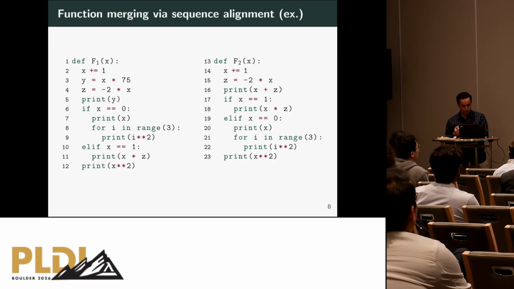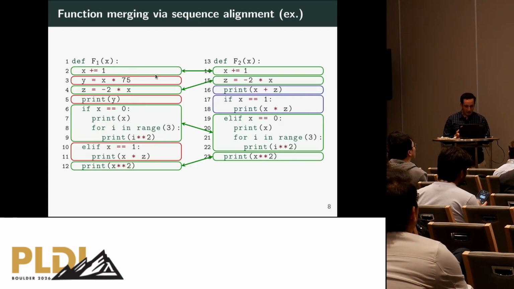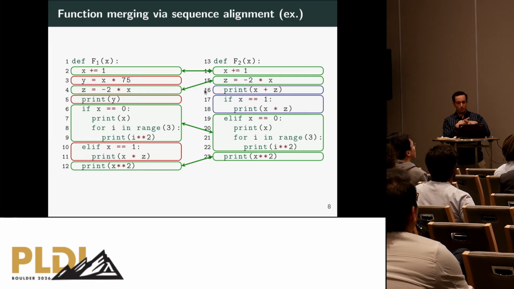So let's see this in our example. Here are f1 and f2. And here is an alignment. We have these green boxes which map identical instructions in the two functions. And we also have things that only appear in f1 but not f2 here in red, and similarly for f2 in blue. What's important about these arrows is that they should not cross.